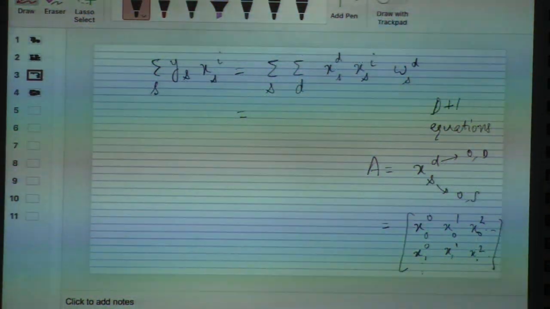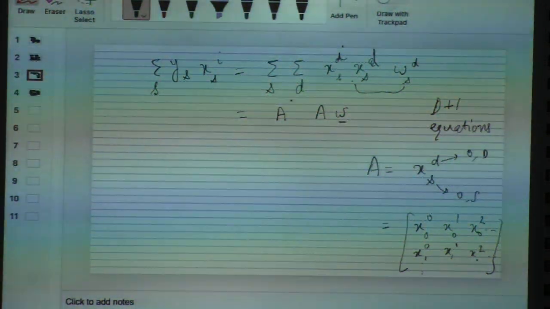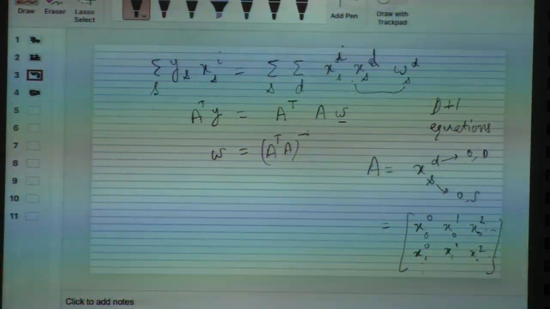This is my A. Then this thing becomes A times W. This is a vector, this is a matrix. This is A transpose, and this is A transpose times Y. So my W becomes A transpose A inverse A transpose Y.